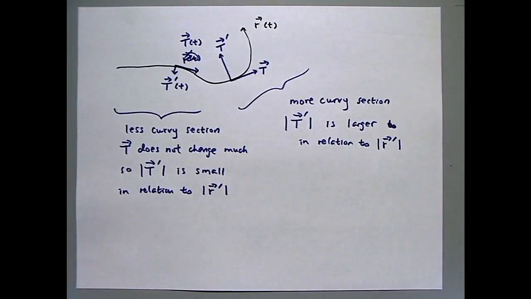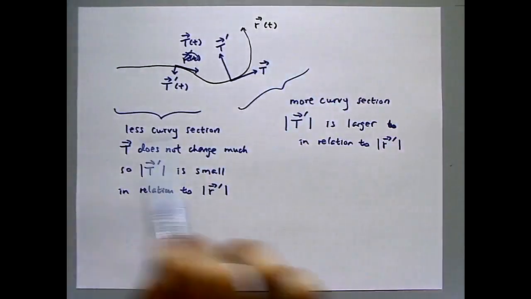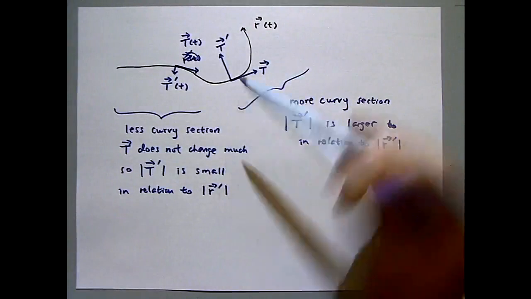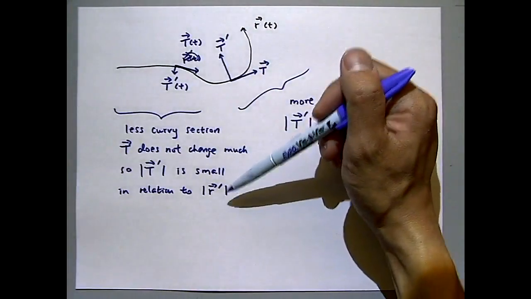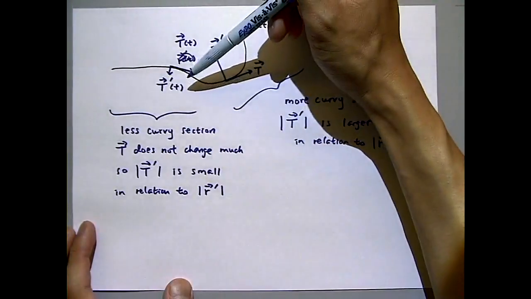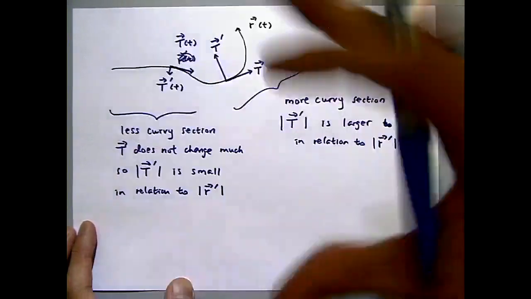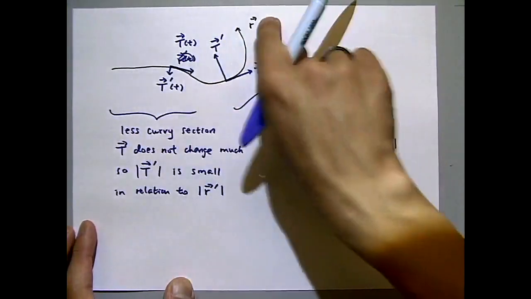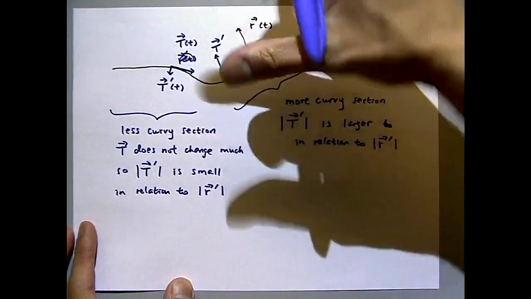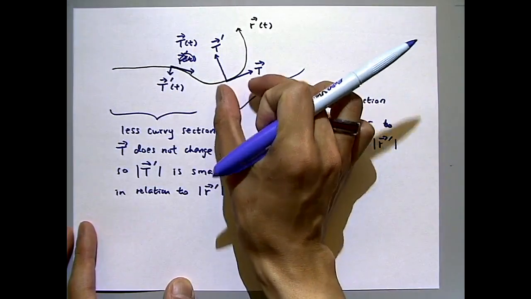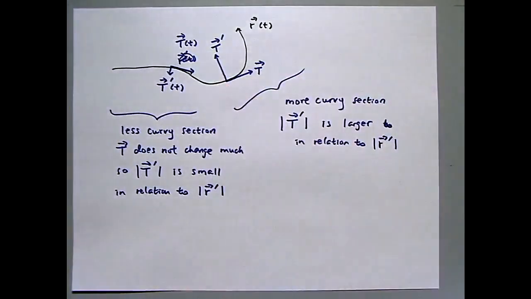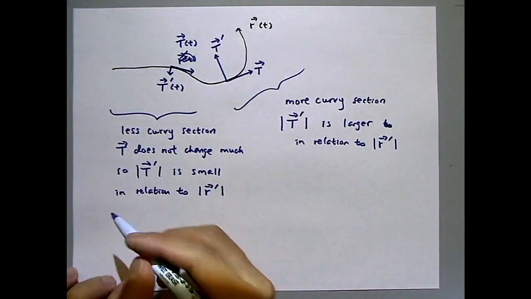On a straight line segment, r prime will be much, much longer than T prime. On a curvier section, T prime will be very big in relation to the tangent vector. The ratio of these two is called curvature.